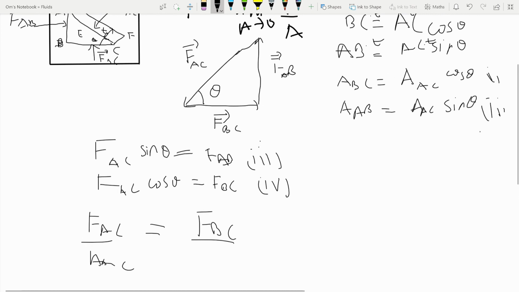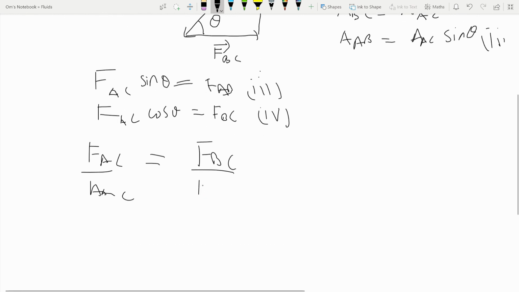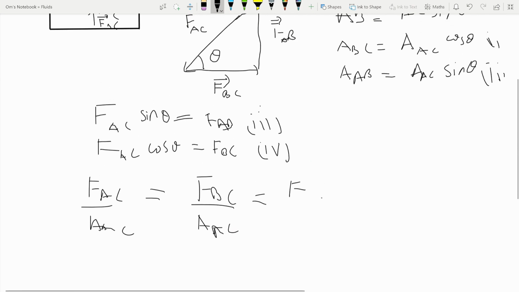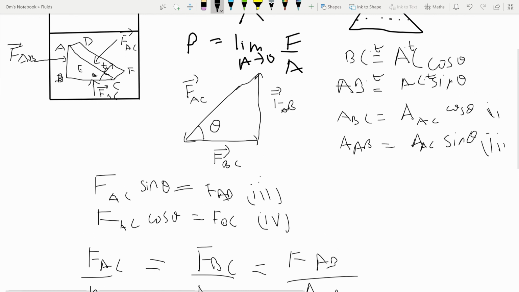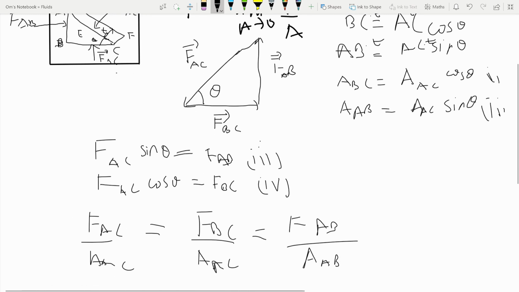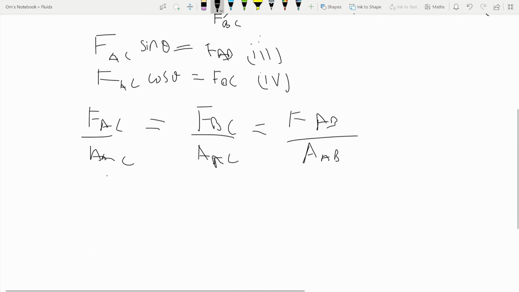Similarly, if you divide 2 by 3, you'll find the same expression, FAB by AAB. And what do you think this expression is? This is nothing but the pressure exerted on each of the faces of the prism we've talked about. So we can simply write PAC is equal to PBC is equal to PAB.